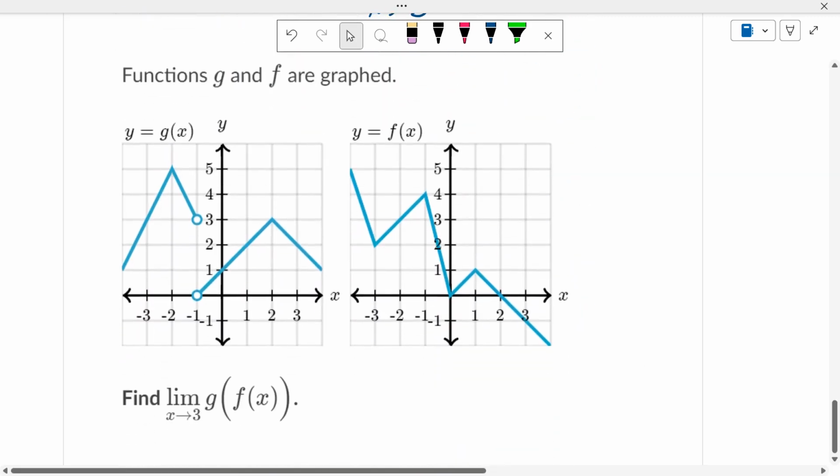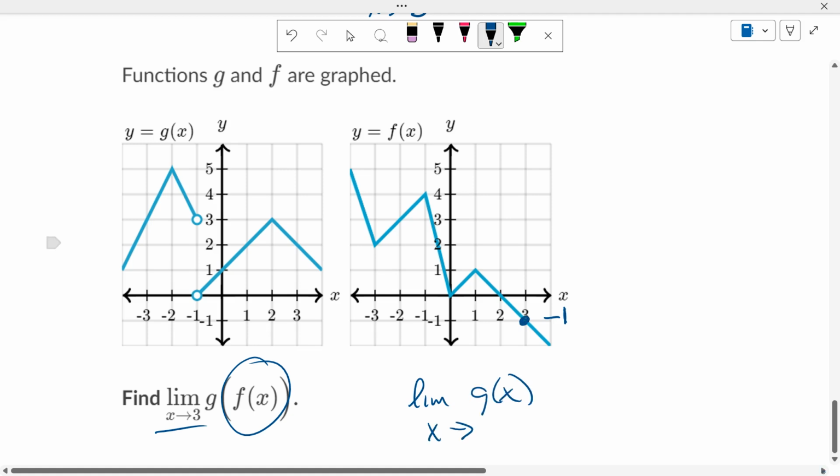F of g. So we find the limit of f first at 3. So at 3, we're at -1. So then the limit of g of x as x approaches -1 would be what? What's the limit there, Kate?